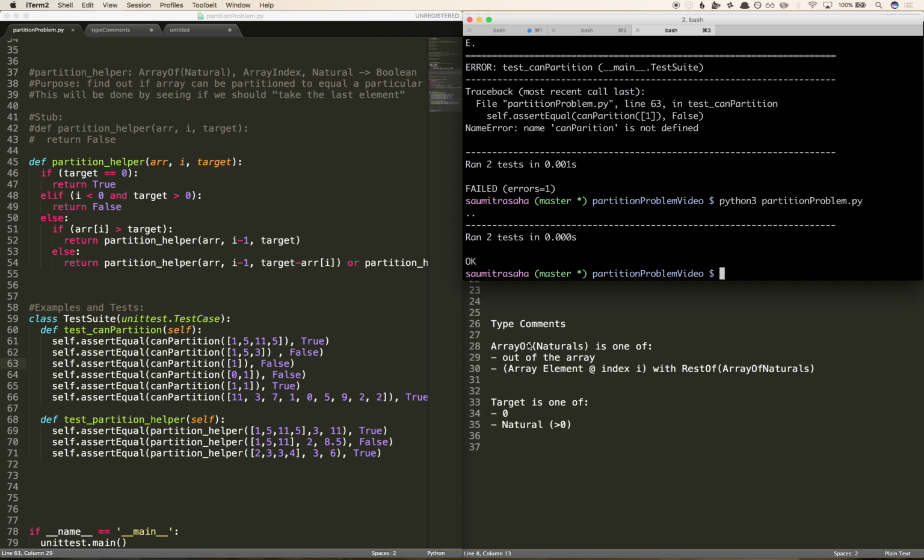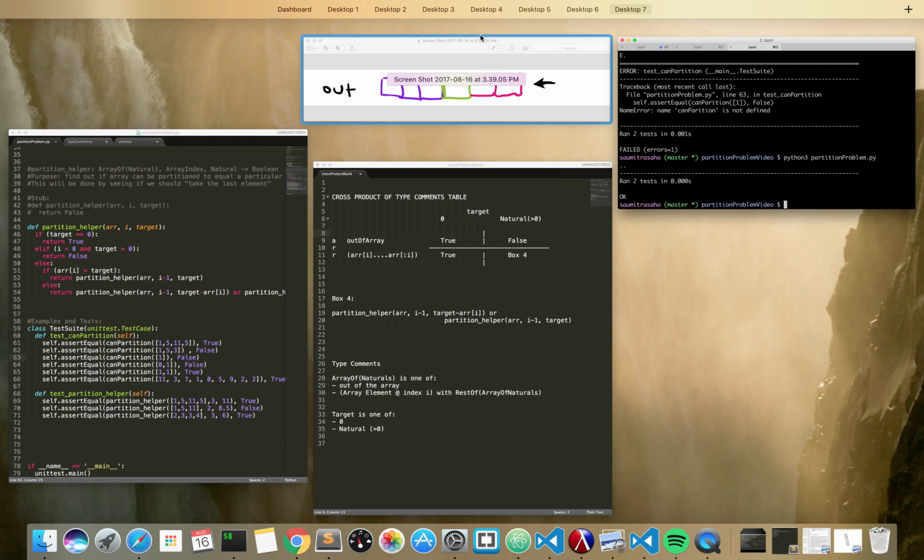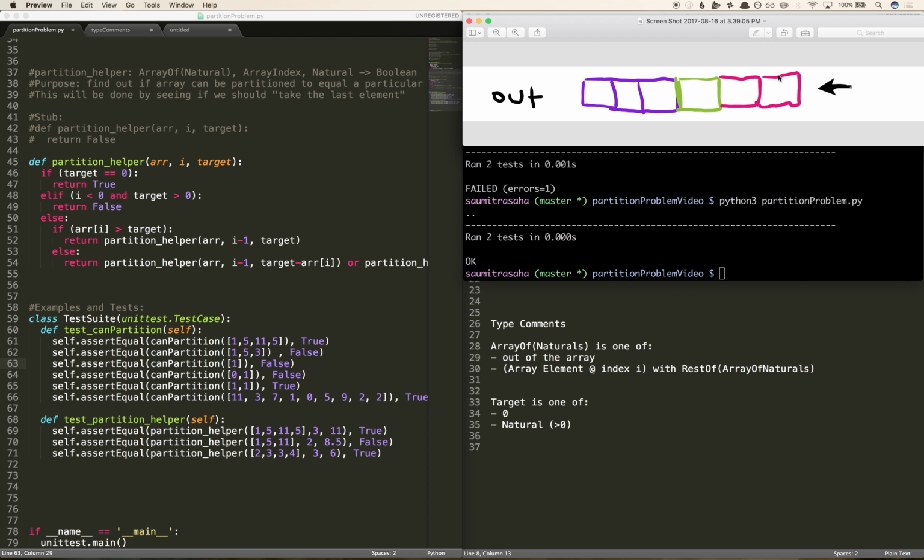We used a method to think about how to break our problem into subproblems by deciding what to do with this last element. If you look at line 61, we had to decide whether we were going to take the last 5 on the right in our subset or not. So we had this pick and choose.